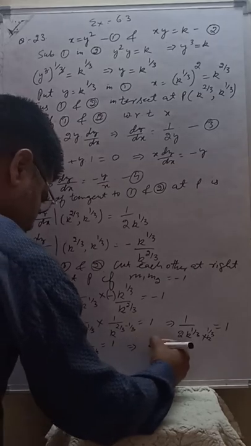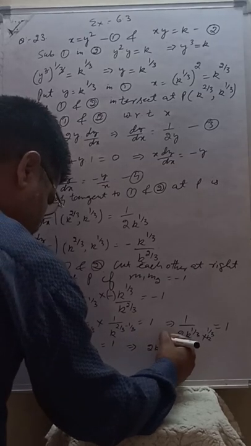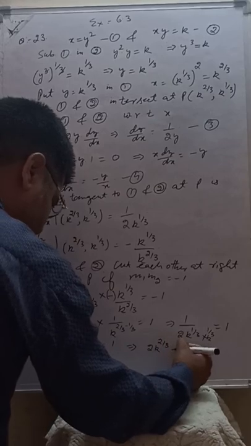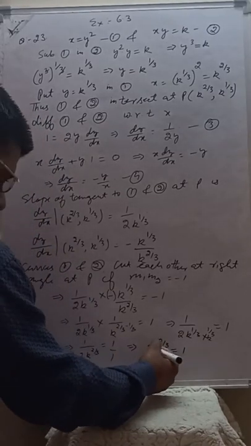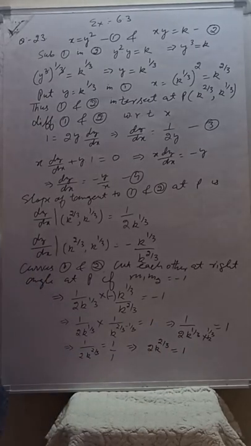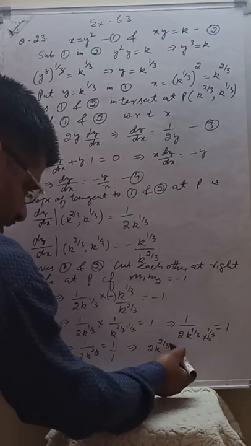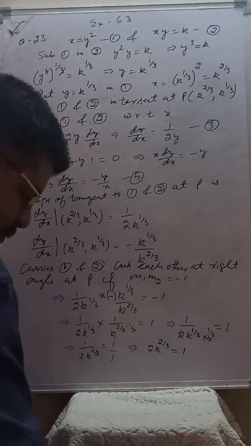If you cross multiply, we will get 2k^(2/3) = 1. Now I have to eliminate this 1/3. So what we will do? We will cube both sides.